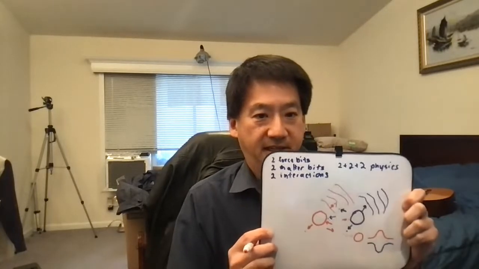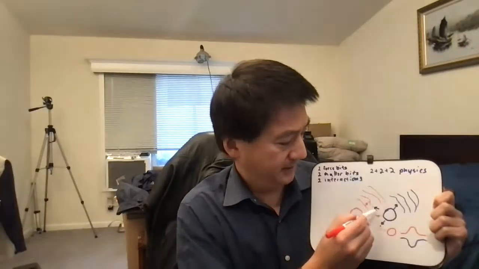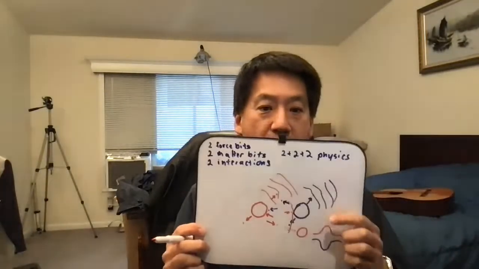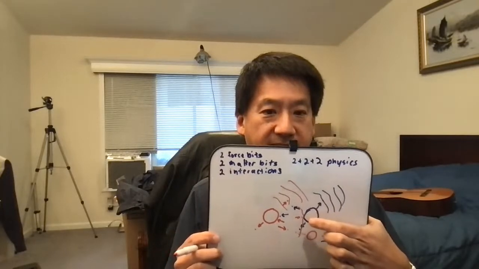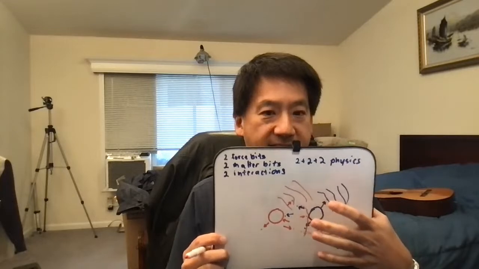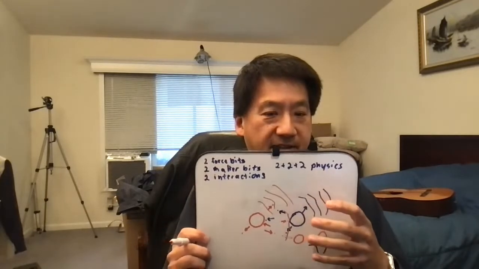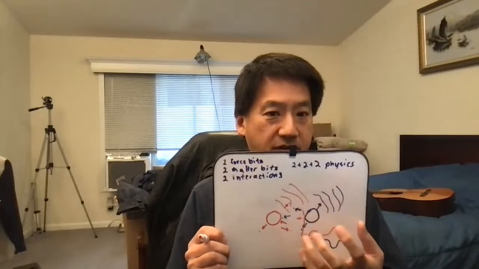So what happens physically is that when the red wave hits the blue object, it's going to be out of phase, and therefore it's going to cancel, so that when they come together, there's not going to be any net force.